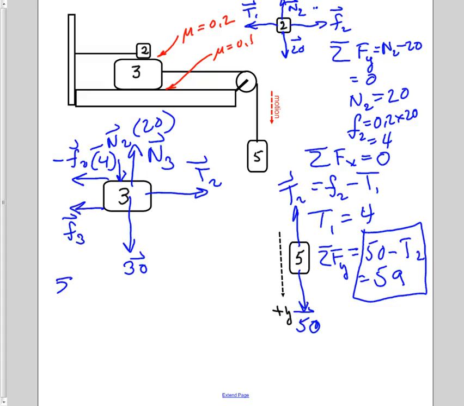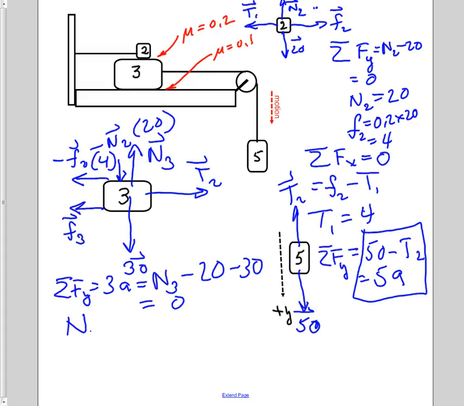So now we have the sum of the forces in the y direction is equal to 3a, which is N3 minus 20 minus 30. And that's equal to 0 because this is an equilibrium situation.